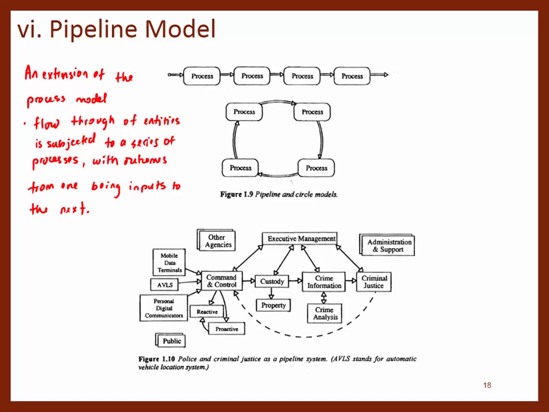So the idea is that in this type of model you have a series of processes, and if you complete the first process, the output of the first process will be the input of the next process, and so on. Again, an extension of the process model. Here we have an example of the police and criminal justice as a pipeline system.